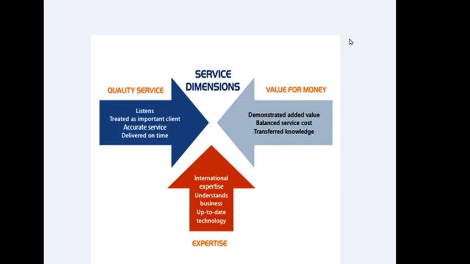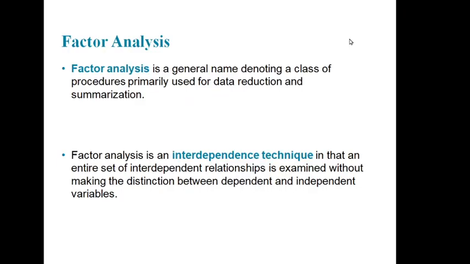So one thing we have to keep in mind is that during your factor analysis you are considering all the variables that you have, and there is no dependent variable here, because you are considering all the variables as a single set and then you are doing the factor analysis. So factor analysis is a general term denoting a class of procedures primarily used for data reduction and summarization.